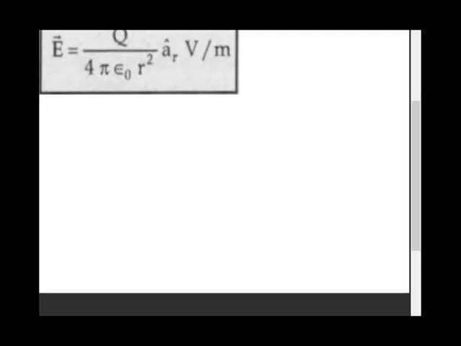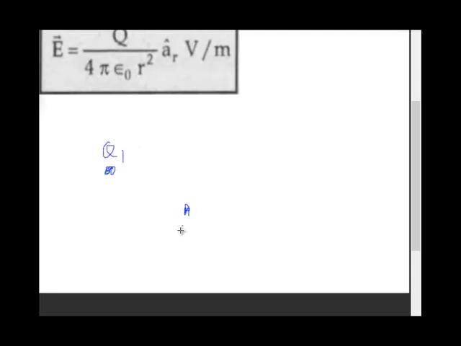Now, one charge will radiate electromagnetic field, and if you have multiple charges like Q1, Q2, Q3, Q4, then the total electromagnetic field will be the sum of all the electromagnetic fields produced by all the charges. So consider this as the first point charge Q1.